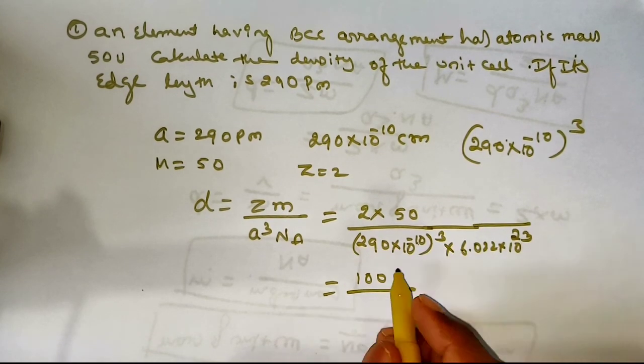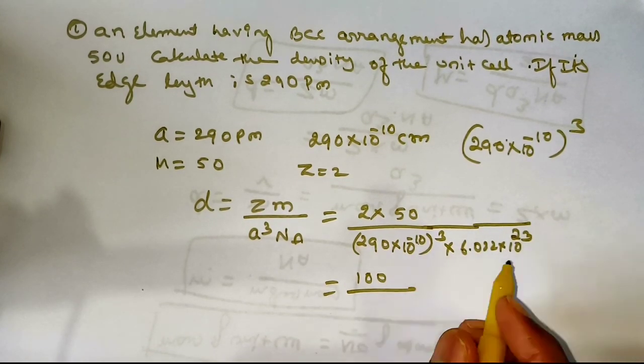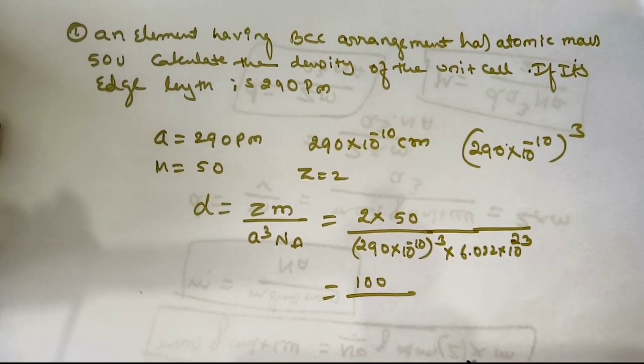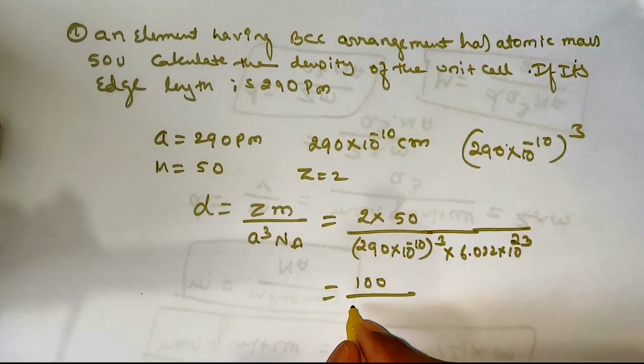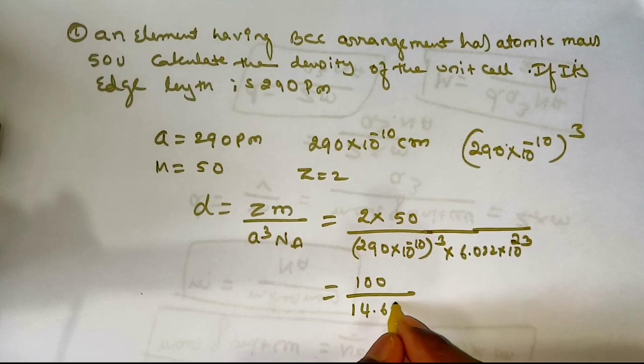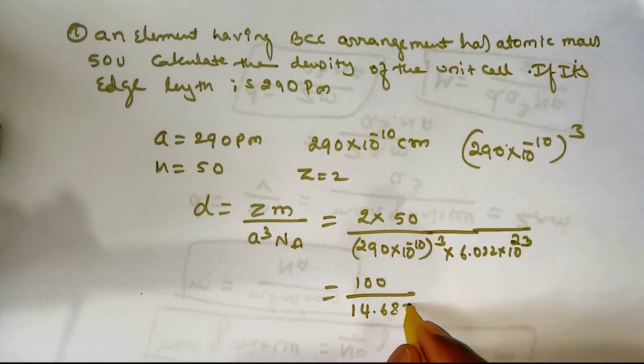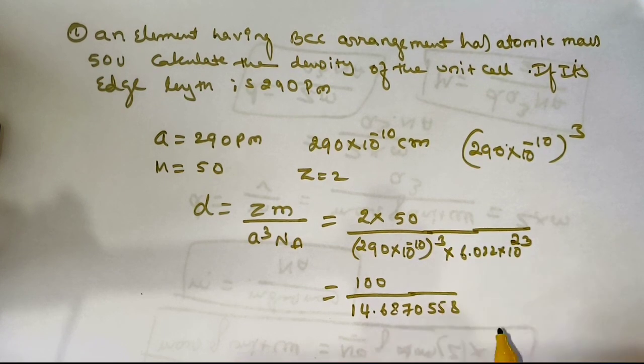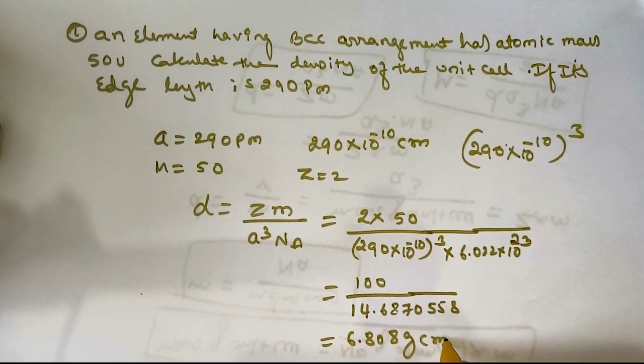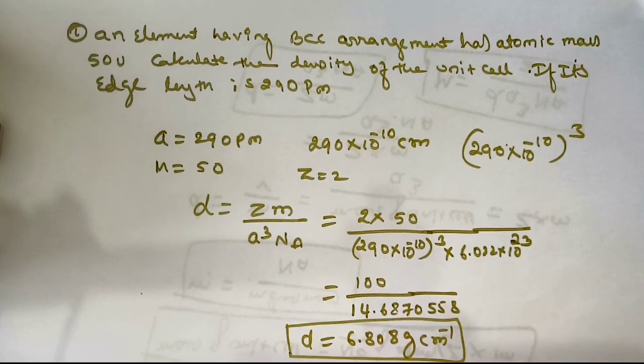Just calculate this, take out the cube and multiply with 6.022. I have used a calculator, so I am just writing the approximate value. Then it will be approximately 6.808 gram per centimeter cube. So this will be the value of density for the BCC.